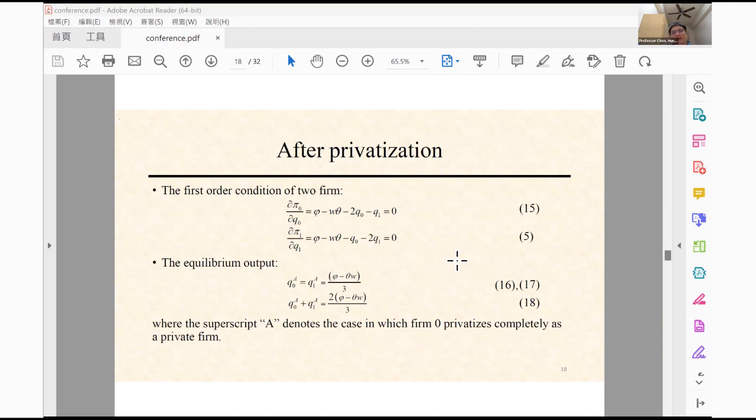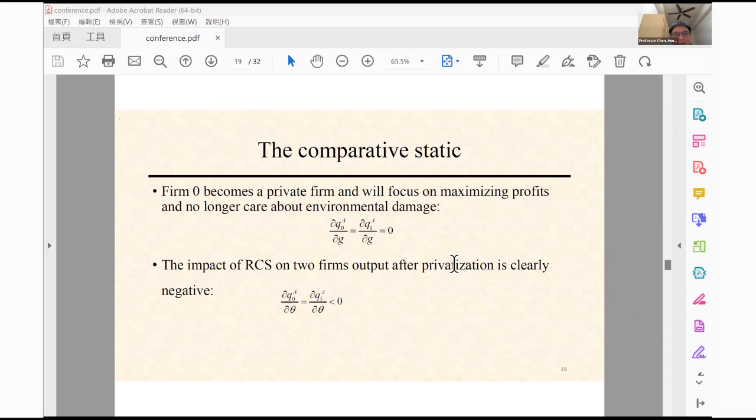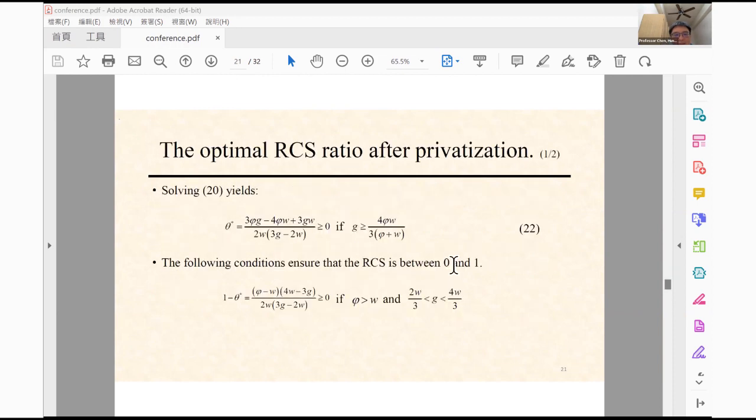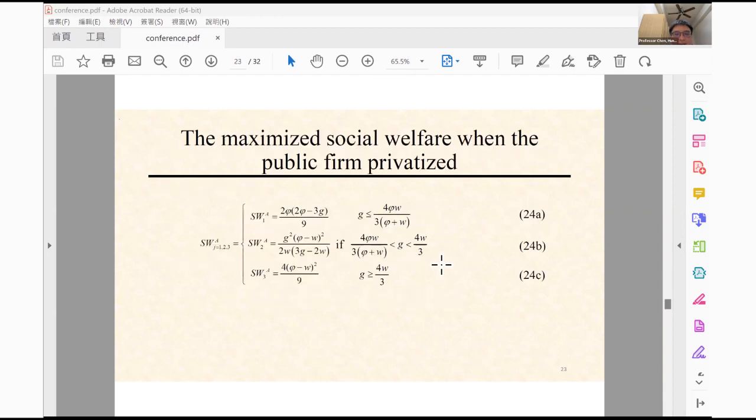And here are some after-privatization results and some comparative statics. The major point is that when two private firms compete in the market, we can find an interior solution of the recycled content as follows.